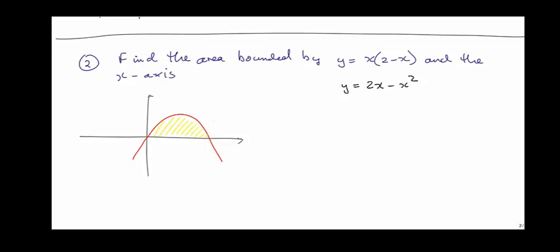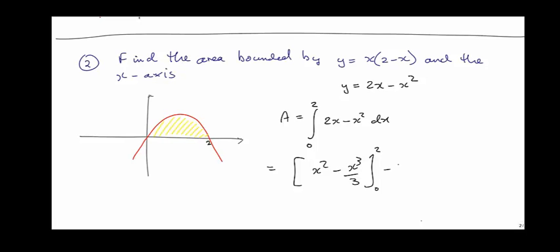And so the area A is the integral between the origin, so x is 0, and the point where it crosses the x-axis, which is x is 2. So that is the integral of 2x minus x squared dx between 0 and 2, which is x squared minus x cubed over 3 between the limits of 0 and 2, which, substituting in 2, gives us 4 minus 8 thirds.